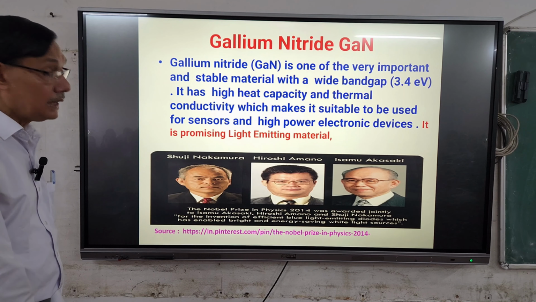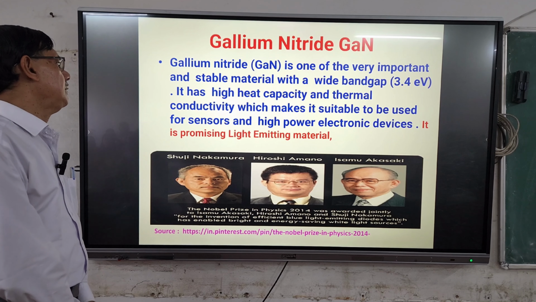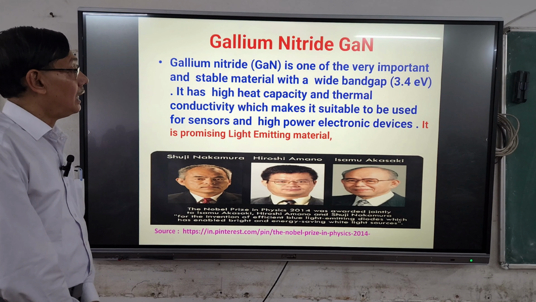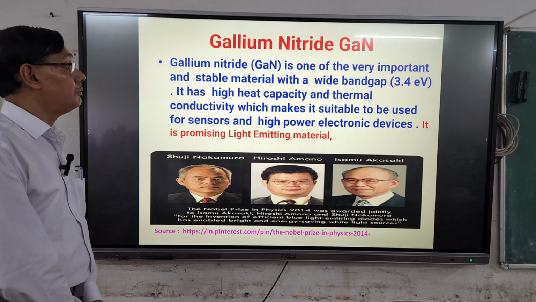You see, 3.4 electron volt, and it has high heat capacity and thermal conductivity, very stable, and it is useful for sensors and high power electronic devices, and it is a promising light emitting material.